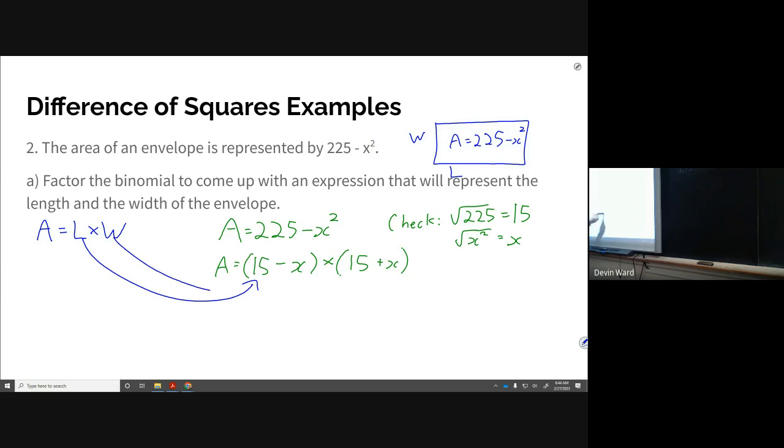My width will be 15 plus x because they're multiplying together. All of this has to equal L, and all of this has to equal W. That makes sense. Some people are struggling with that on the quiz. So therefore, my length equals 15 minus x, and my width equals 15 plus x.